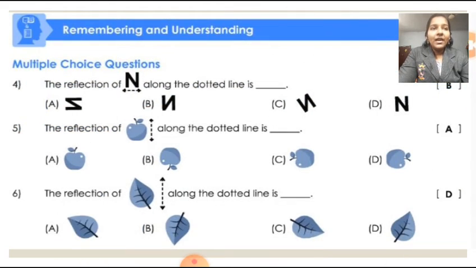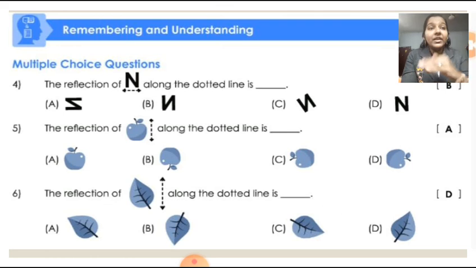Now let's move to the next question. Multiple choice questions. Fourth one. The reflection of letter N along the dotted line is dash. Children, we know if the horizontal line of reflection is given, then we have to find out the water image of that given object.